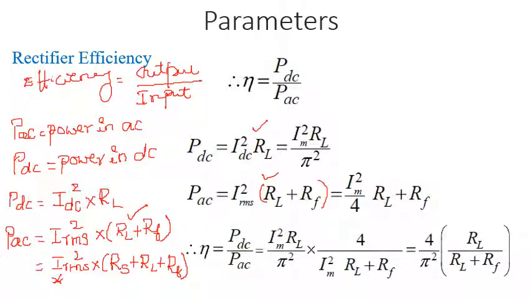So IRMS is Im by 2, so it is Im square by 4. IDC is Im by pi, so IDC square is Im square by pi square.